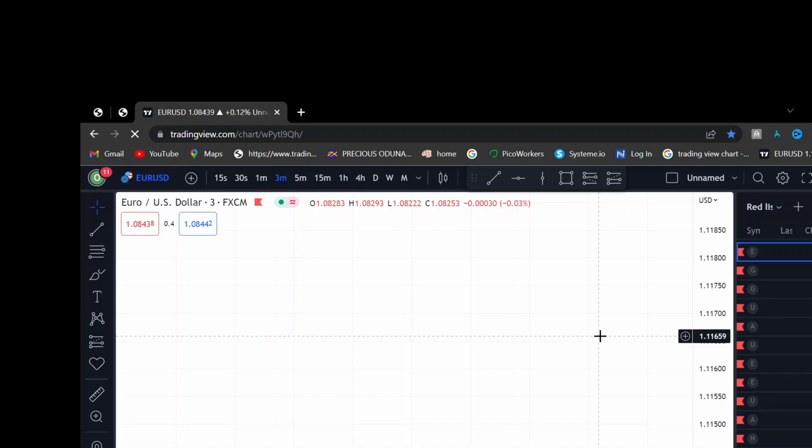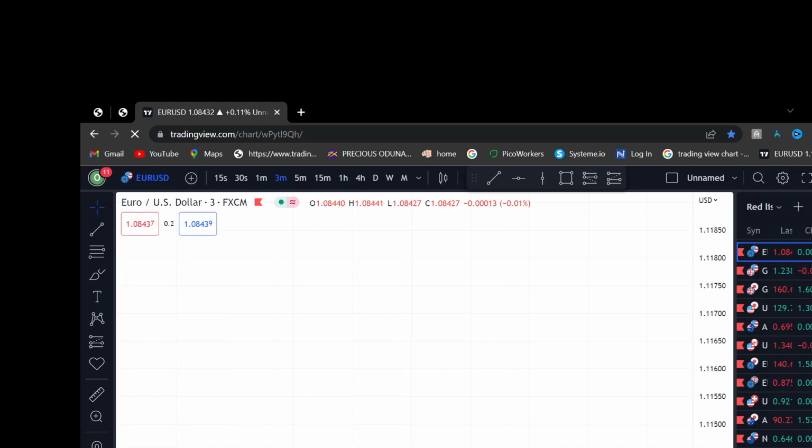If you want to know the change in price here, it is going to be 1.11650 minus 1.11600. So if you come to our calculator now, from 1.11600 to 1.11650, you go to your calculator: 1.11650 minus 1.11600.